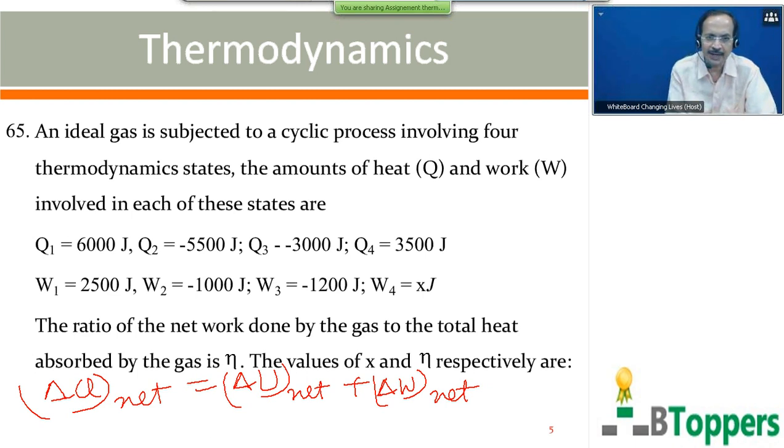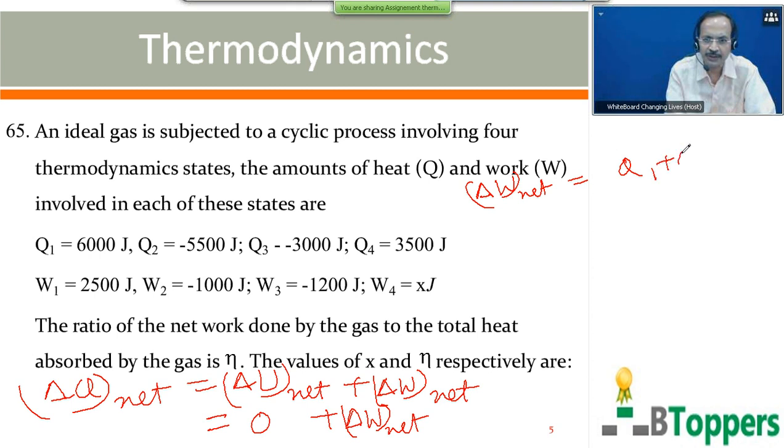At the end of the cycle, the gas returned to the initial state, therefore net change in the energy of the gas for the complete cycle will be 0. So net heat energy absorbed by the gas for a complete cycle will be same as the net amount of work done.